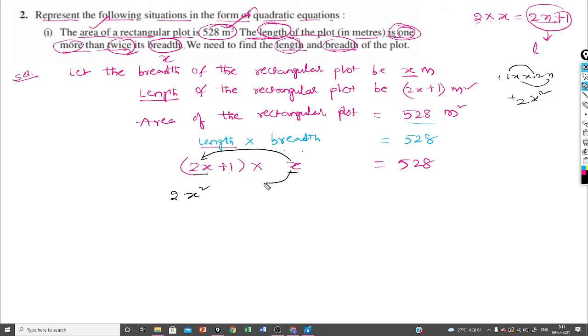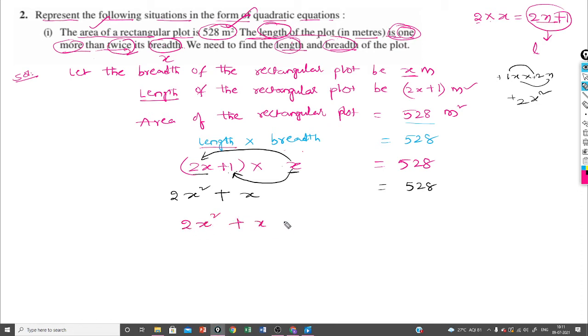Next, the same x is to be multiplied with 1 also. Plus into plus will be plus, x into 1 will be x, equal to 528. Next, if I transfer this positive 528, it will become negative 528.